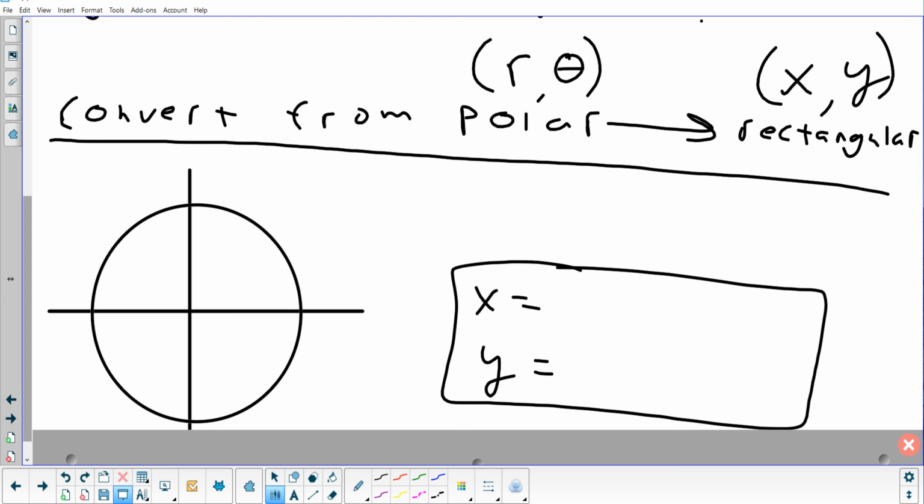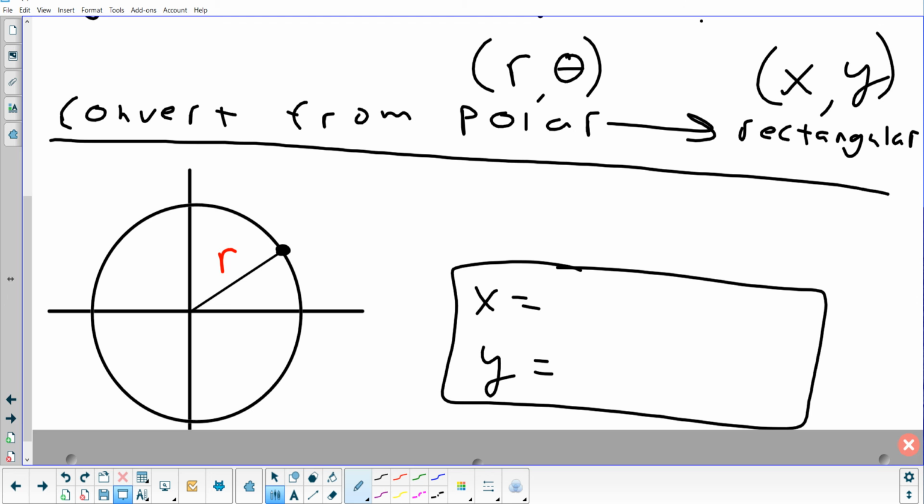Okay, so pretend like you've got a point right there. If that was a point in polar, you would know 2 things about it. One would be the radius. That's the distance from the origin to where that point is. The other thing you would know is how much rotation did you do from the polar axis, and in this case it's in a counterclockwise direction.